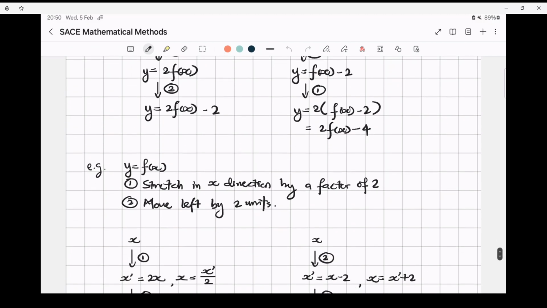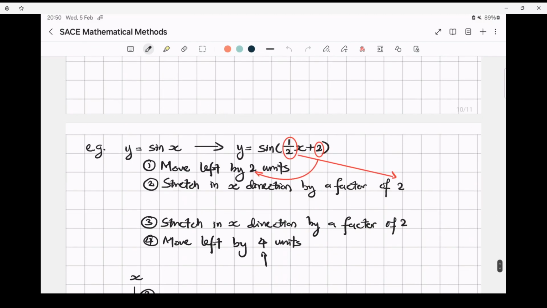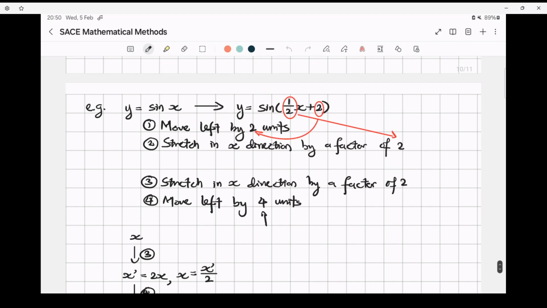But if it is along the x direction, what you would actually want to do is to do the translation first and then do the stretch or compression. So the y coordinates are totally different from the x coordinates. This is the only thing that you need to remember.